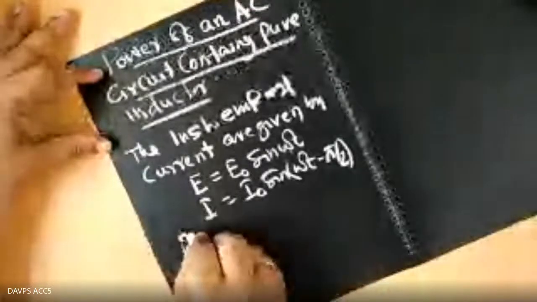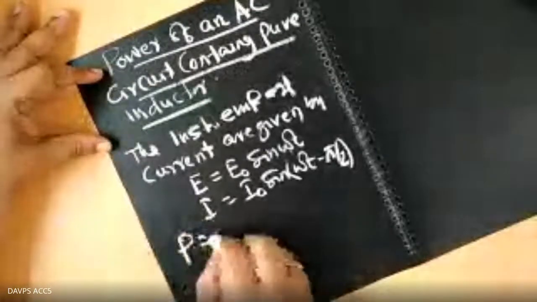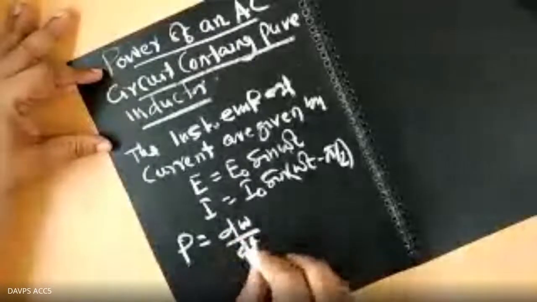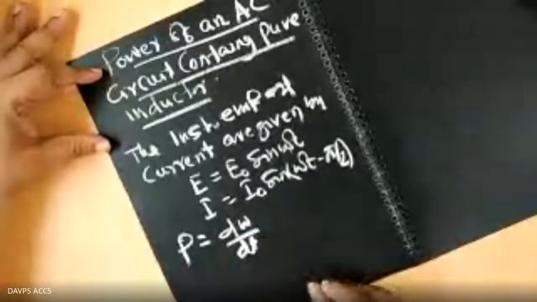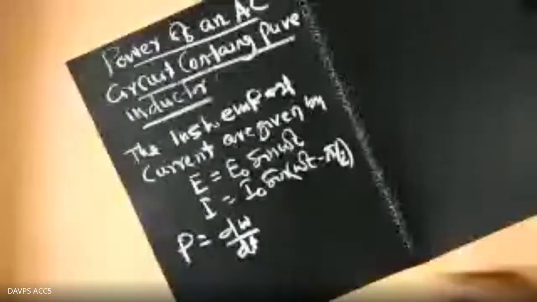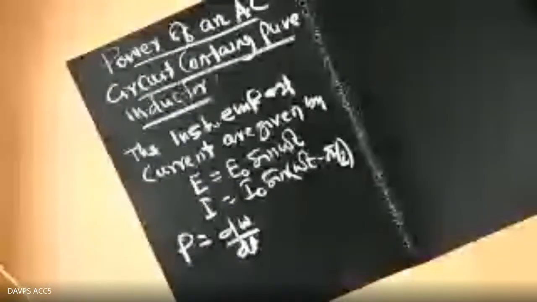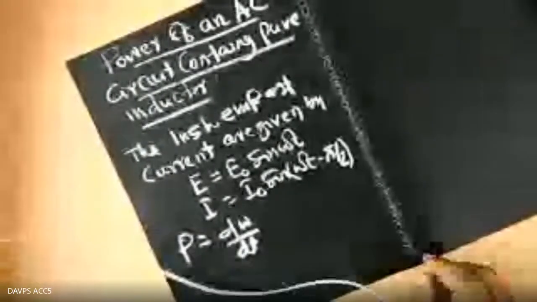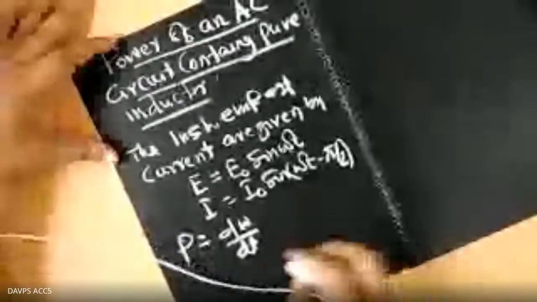So instantaneous power P equal to dW by dt, that is equal to EI.